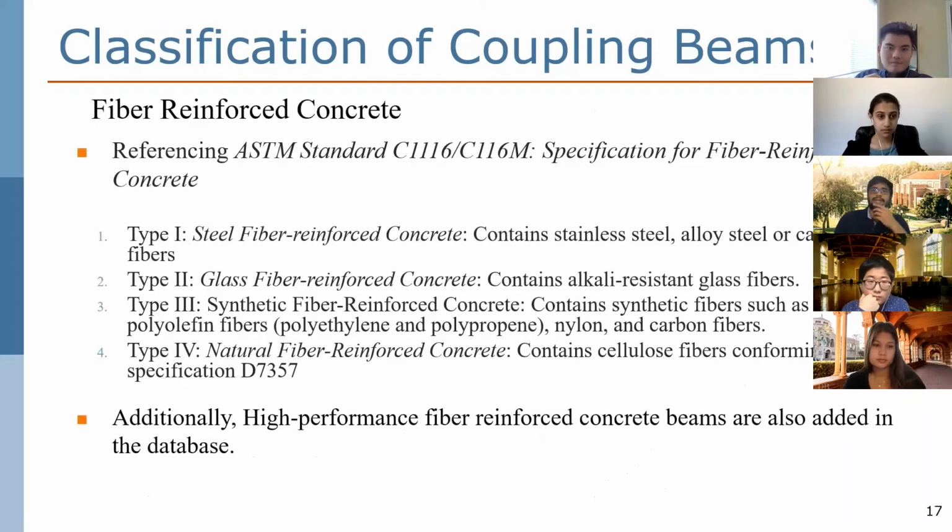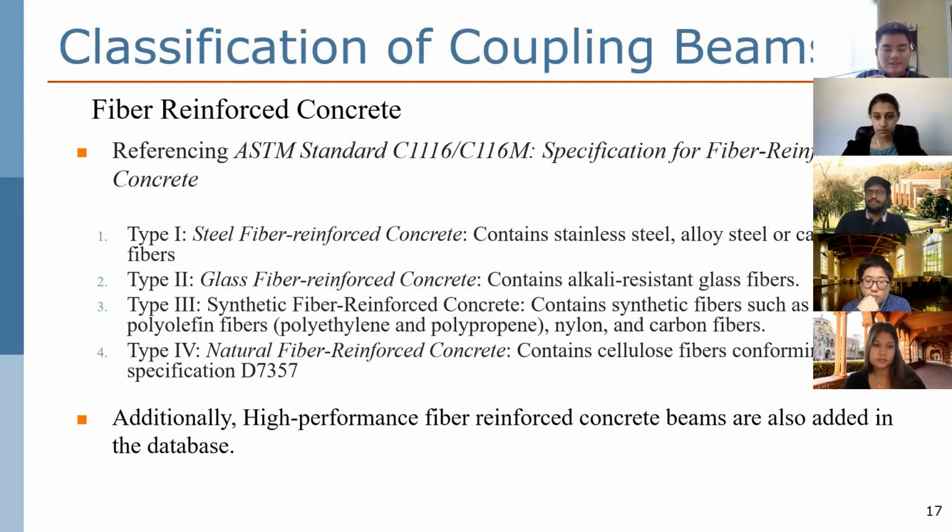Now moving to the classifications of coupling beams based on fiber reinforced concrete. Referencing the ASTM standards, the fiber reinforced concrete was divided into 5 types, and high performance fiber was also added later on.